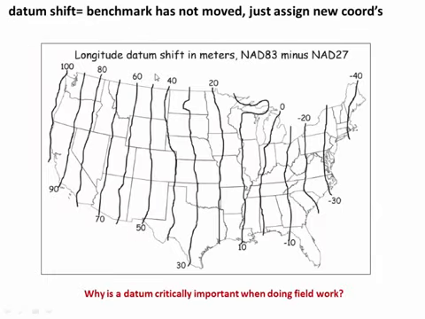So how different are these datum shifts when people redo the surveying? A good example is the shift from the North American datum, NAD 83, versus the original NAD 27. So we can see that the difference is about 20 meters if you're in the Midwest.